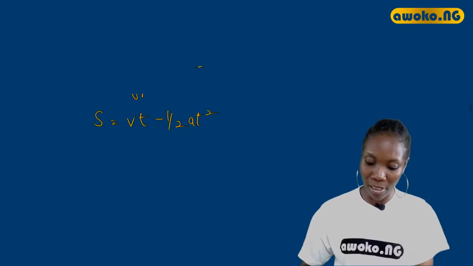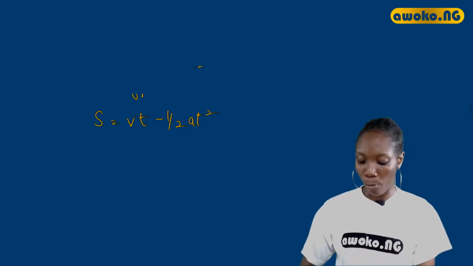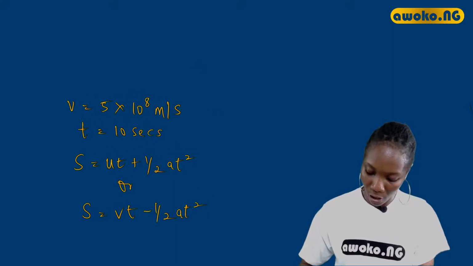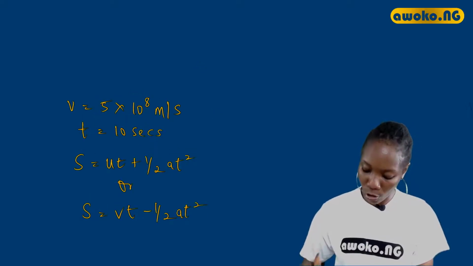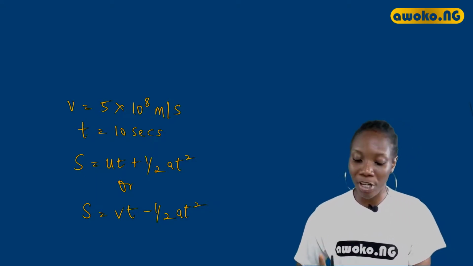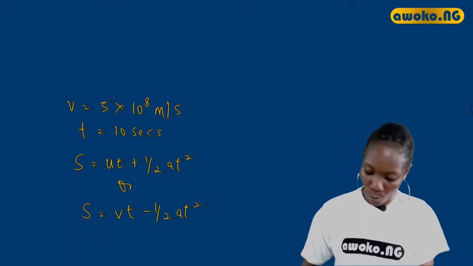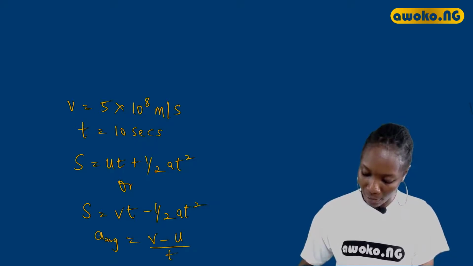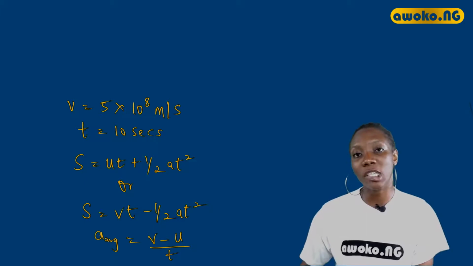Alright, so all you have to do here is put your values into the formula. So we're looking for distance S. But first of all, we need to get a. We have acceleration in this equation, right? So we need to get a first. So we apply the formula of average acceleration, which is a average equal v minus u over t, which is change in velocity over time.